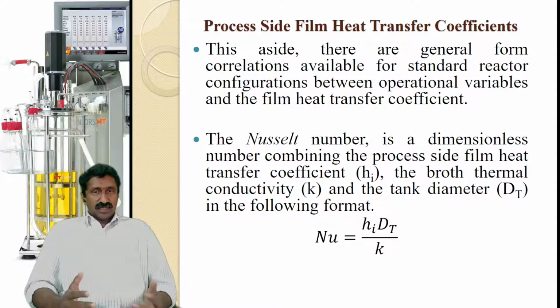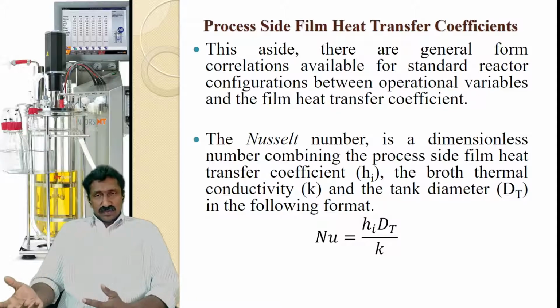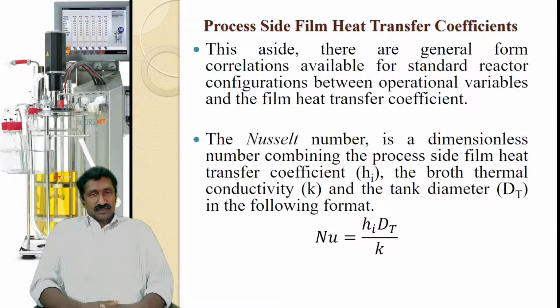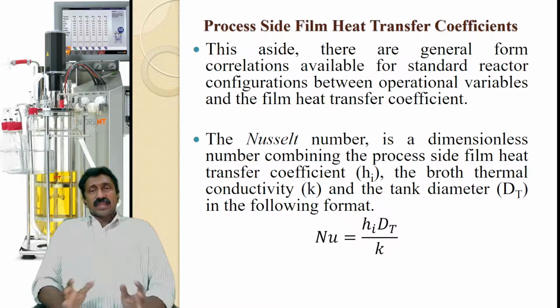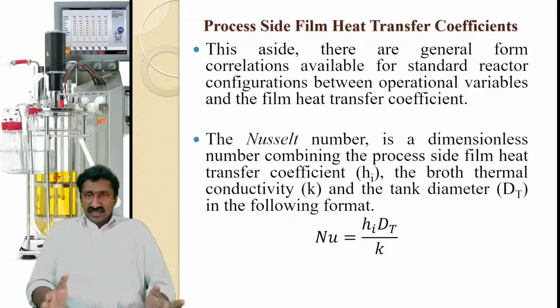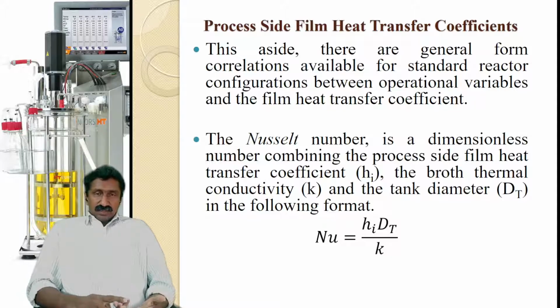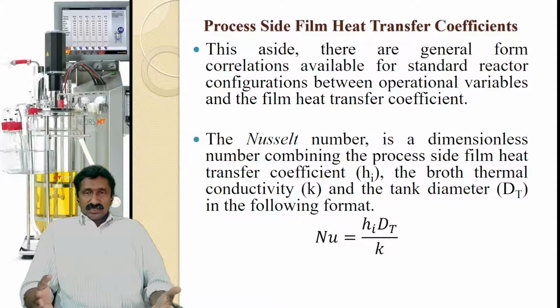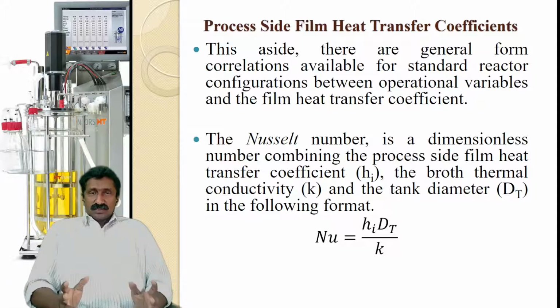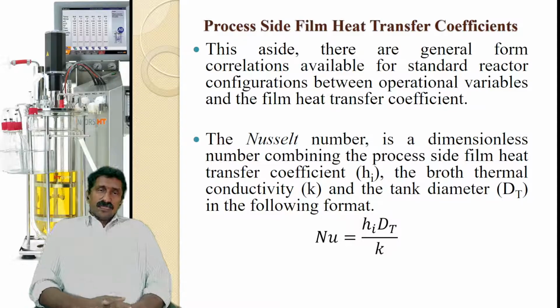For example, usually whenever we are measuring something, centimeters or some other unit will be assigned to the numbers. But a dimensionless number means it's simply a ratio, and a ratio doesn't have any dimensions. Dimension means length, breadth, time, etc. These are all different dimensions, and they will not be there for a Nusselt number because it is a ratio.